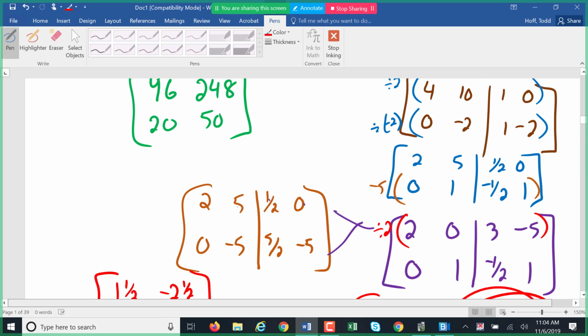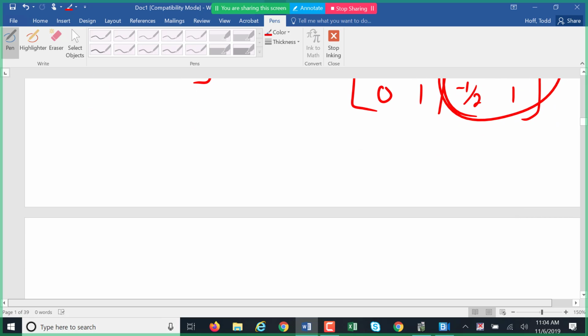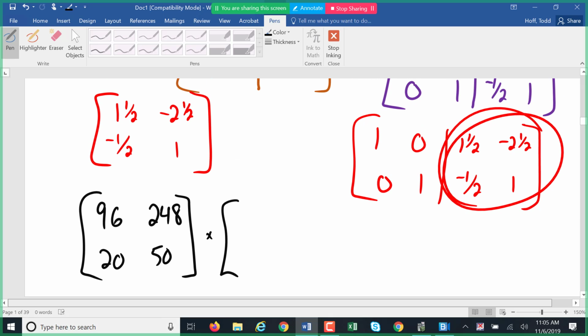So I take my coded matrix, 96, 248, 20, and 50. And I'm going to decode it by multiplying by this inverse of my code matrix: 1.5, negative 2.5, negative 1/2, and 1.